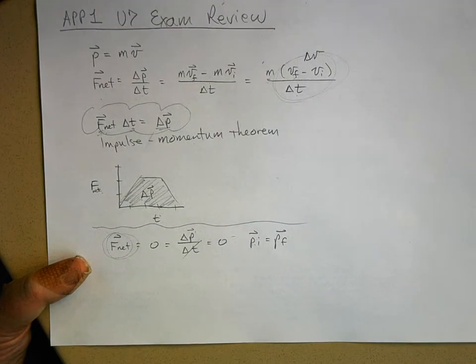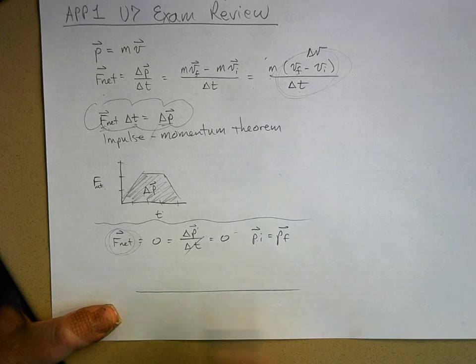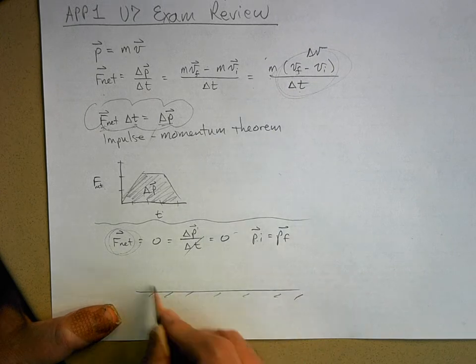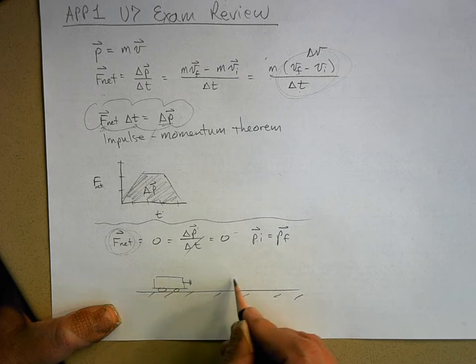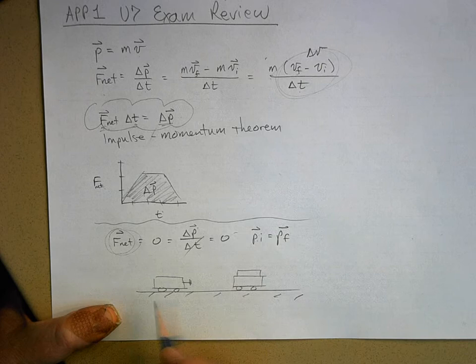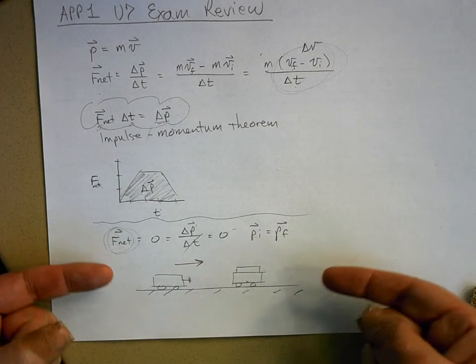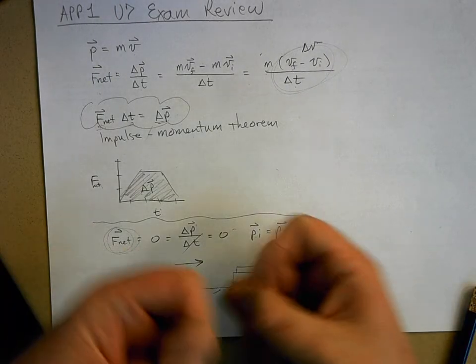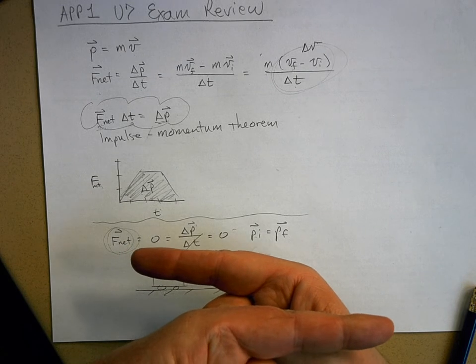Now, when does this happen? Well, it happens in a collision. Let's say I've got two objects, like the little cars that we played with. And maybe this one is moving, and this one's at rest. Well, when these two cars come together, when they interact, bam, they apply equal and opposite forces to each other, right?